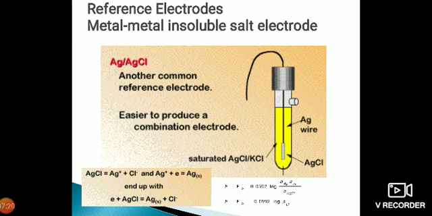E is equal to E0 minus 0.0592 into log of activity of Cl minus, because the activity of silver at standard conditions, being a solid, is equal to 1, and the activity of AgCl, also a solid, is also equal to 1. So that's how the equation modifies to E equals E0 minus 0.0592 into log of activity of Cl minus.